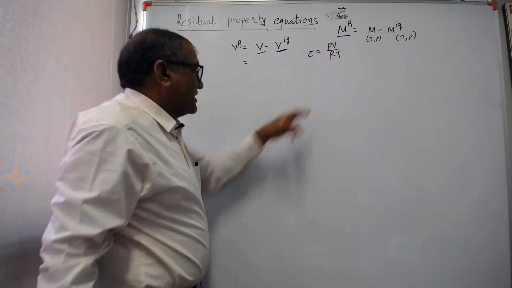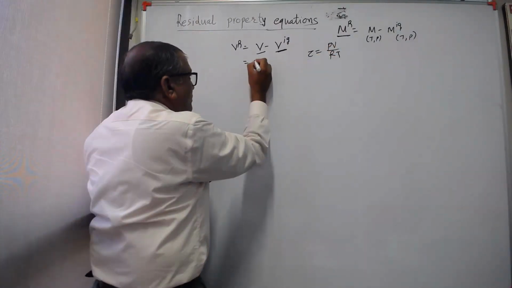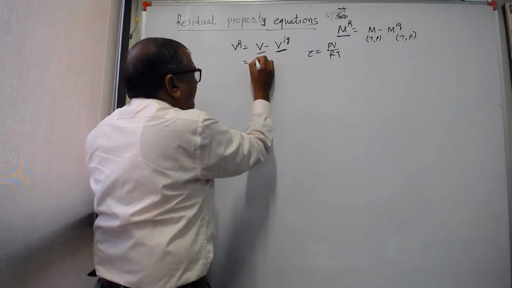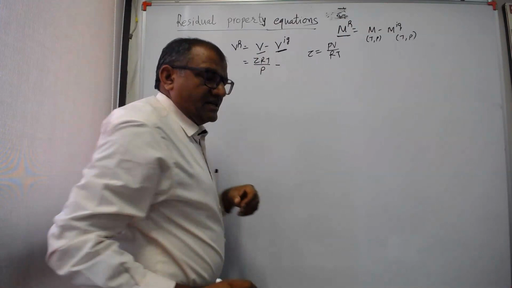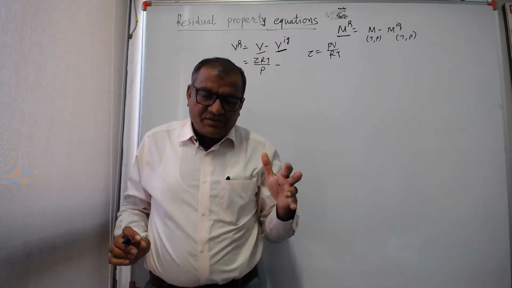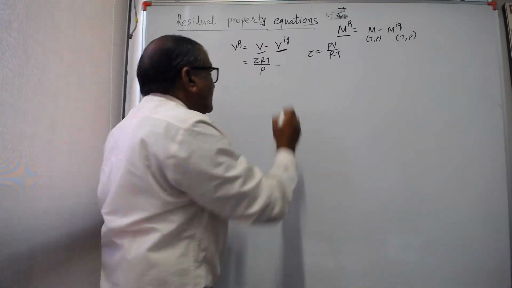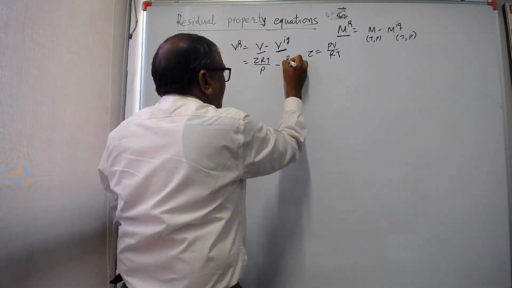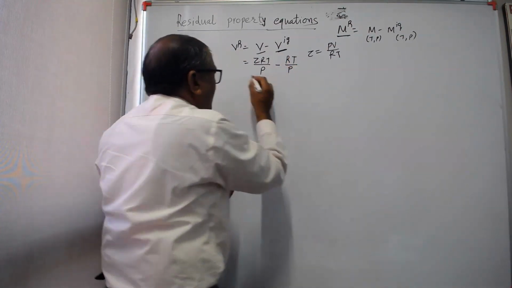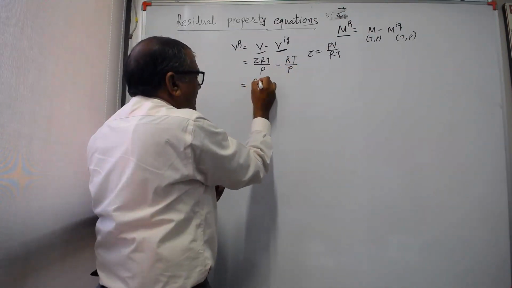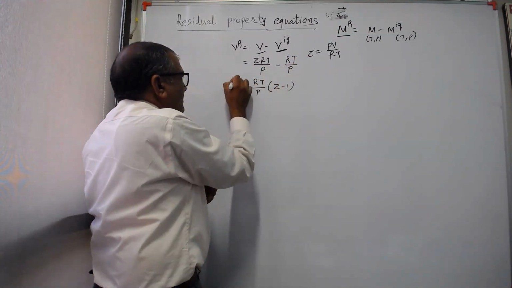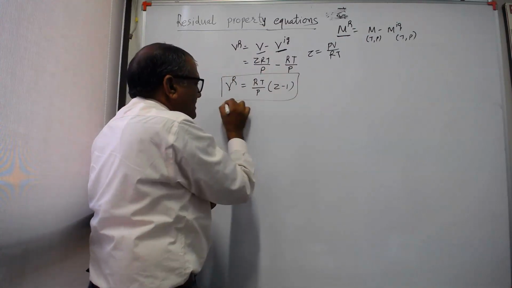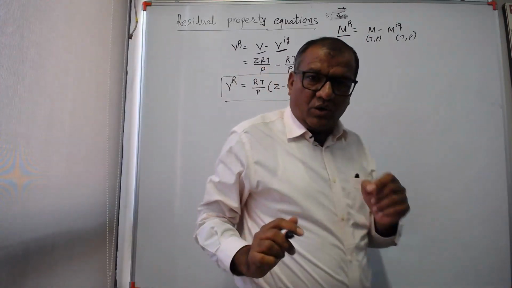From this equation we can write V = ZRT/P, and V^ig we can take from the ideal gas equation, that is RT/P. If we take RT/P common, that is Z minus 1. So this is the first equation of residual volume.